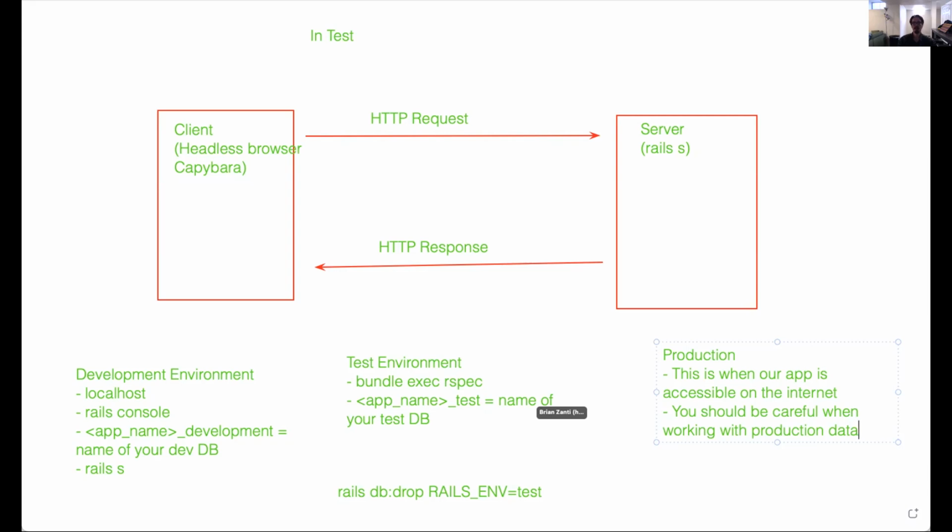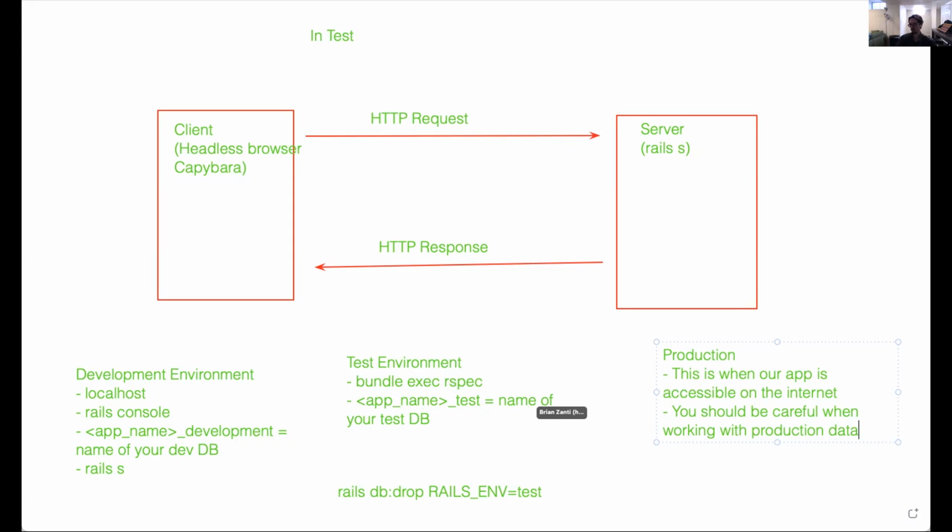Now, a lot of times when you are on the job, you'll actually have a fourth environment called staging, which is in between development and test and production, almost like an about-to-be-in-production state. So rather than going straight from your local to the real life running app in production, there's another checkpoint along the way. We're not going to get into a staging environment at Turing.